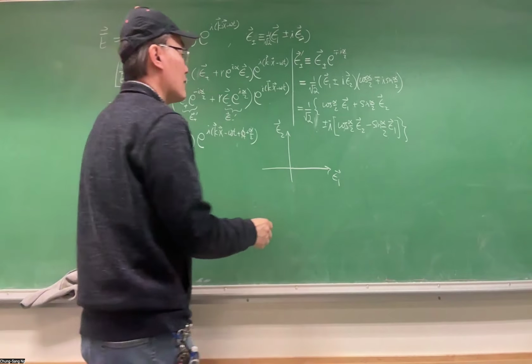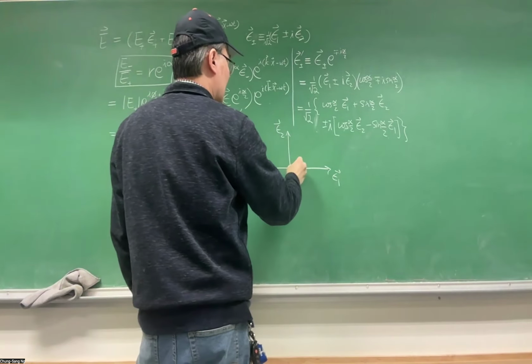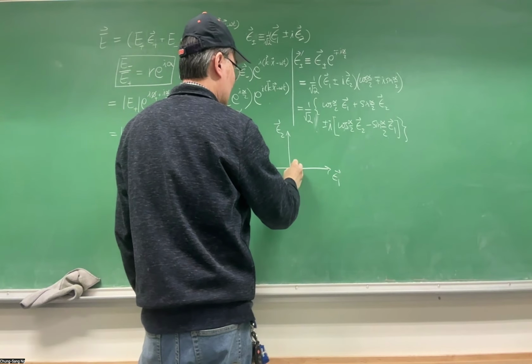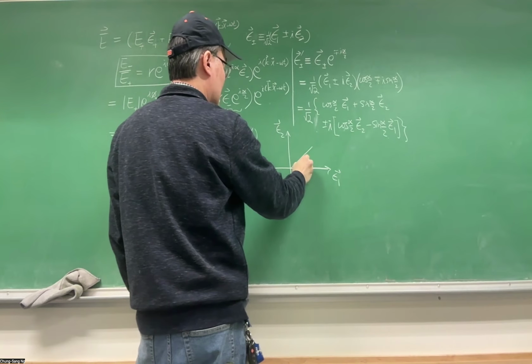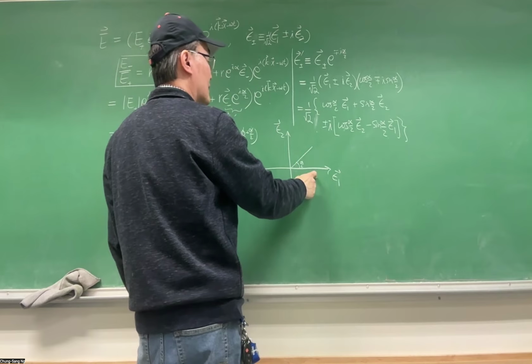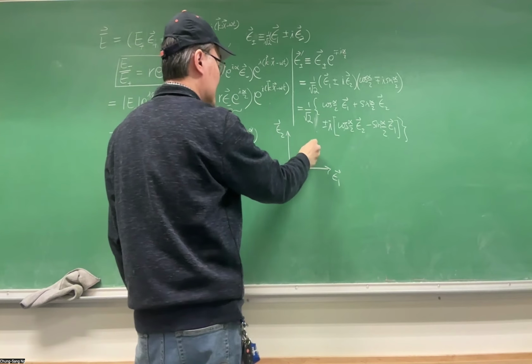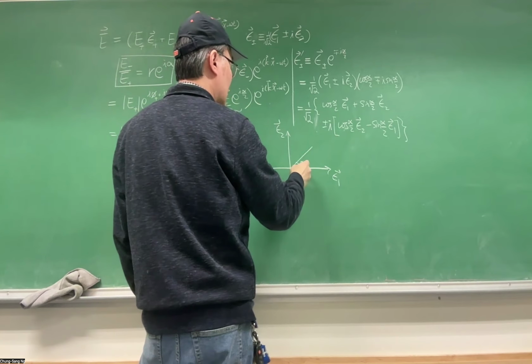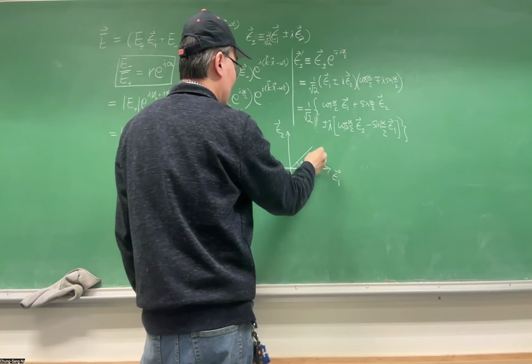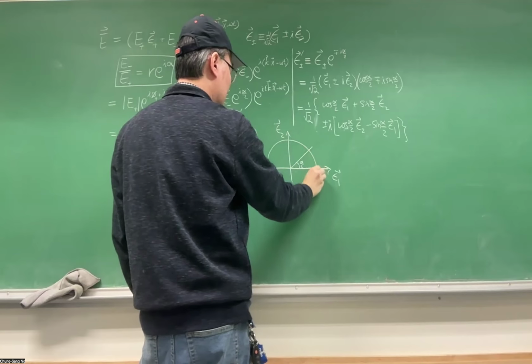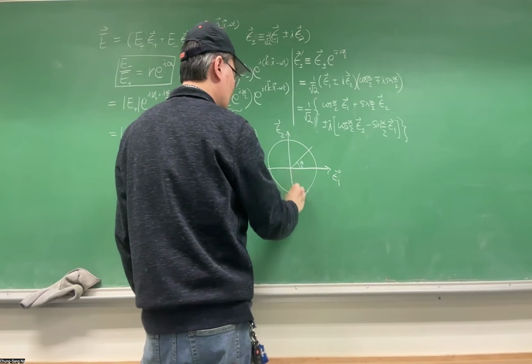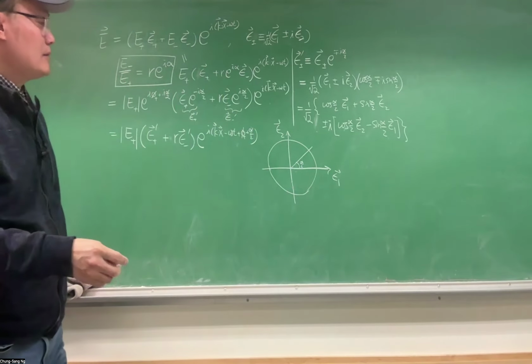Okay, and now we claim that we just define an angle alpha over 2 with the epsilon 1 axis. And now these are unit vectors, right? So you can draw a unit circle. So the radius is 1.